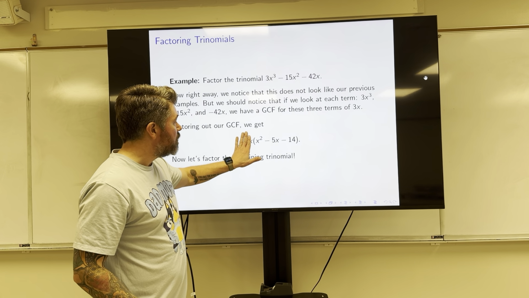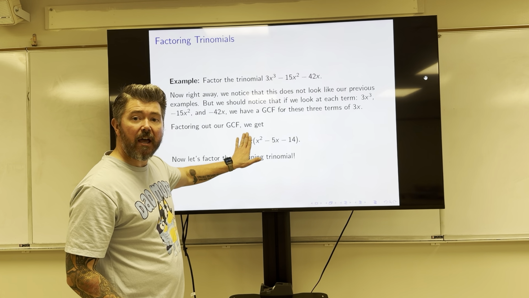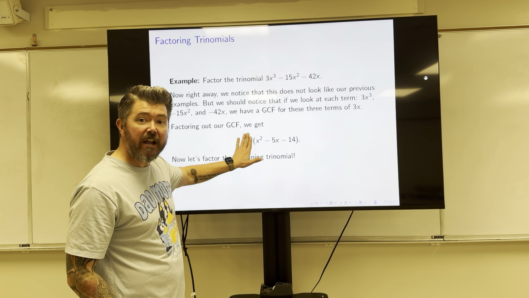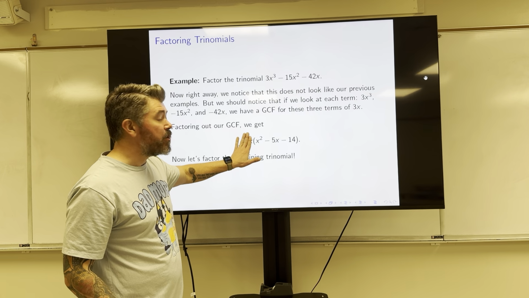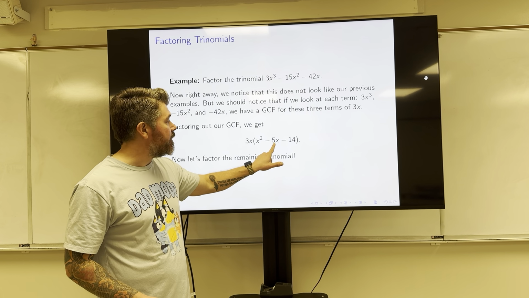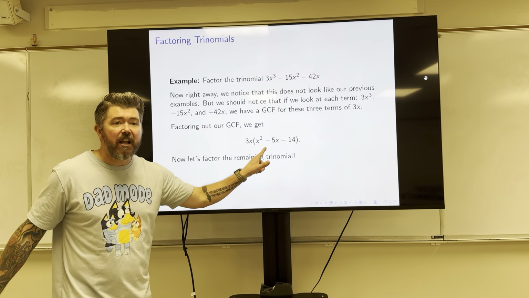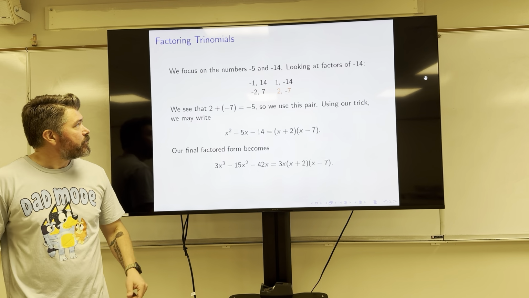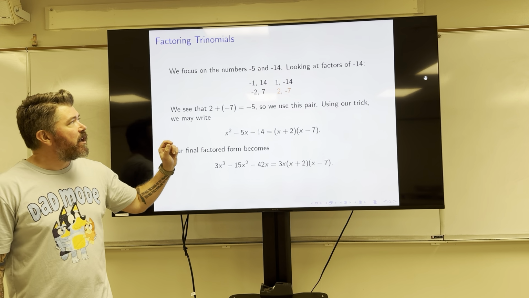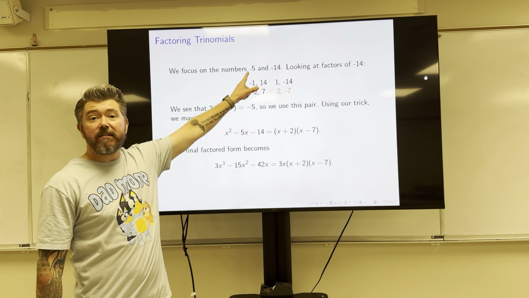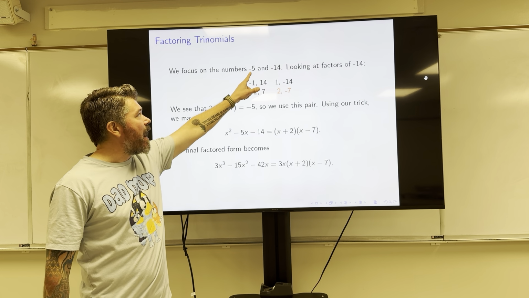Now, what do we notice here? This looks like something that we've been working on. This is one of our special trinomials. Okay, so now I want to focus on negative 14 and negative 5. So the question now becomes, how can I factor this trinomial? I want to multiply to negative 14, and I want to add to negative 5.